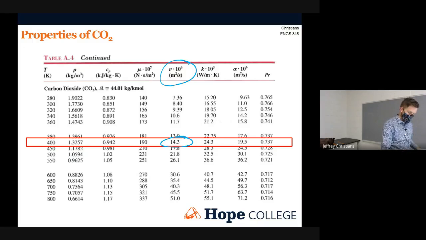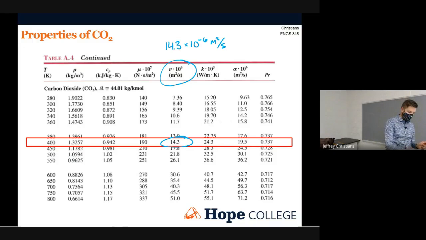The times 10 to the 6 means this is times 10 to the negative 6 meters squared per second, meaning if you multiplied it by 10 to the 6, then you'd get 14.3. Again, you just have to get used to how the data is presented.